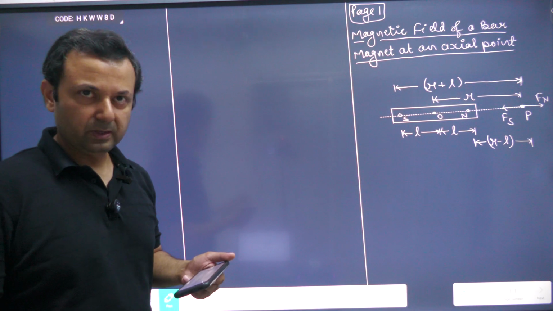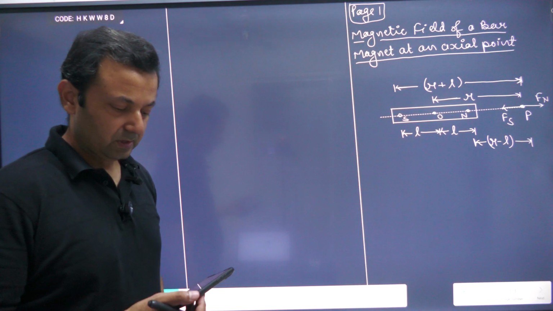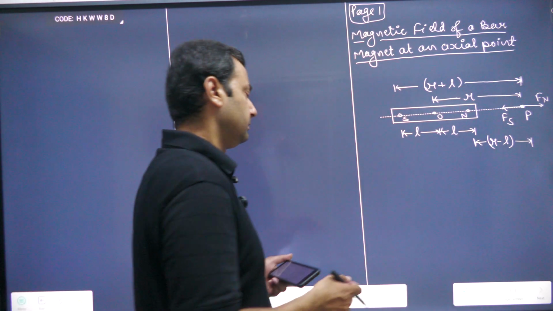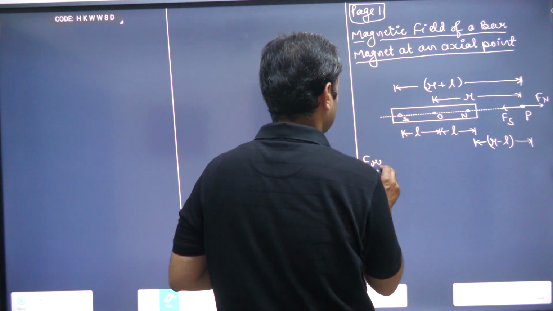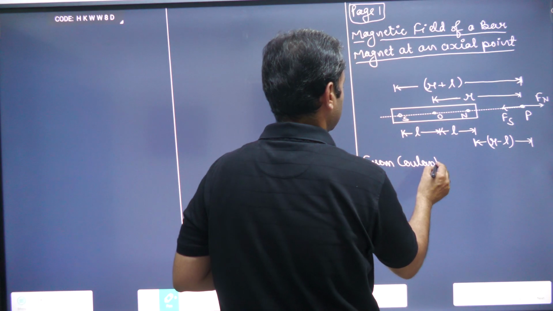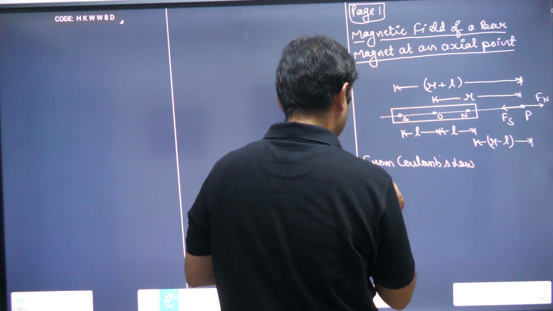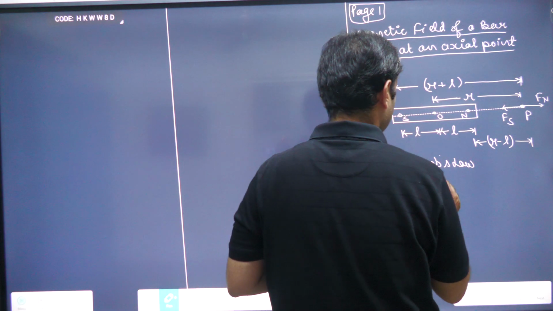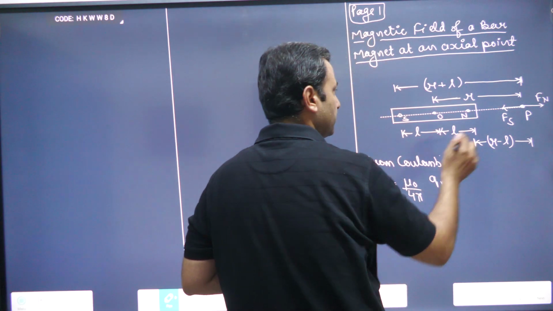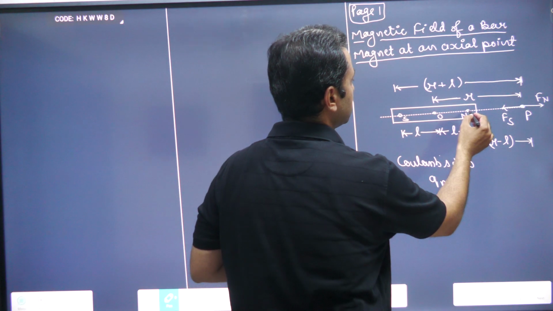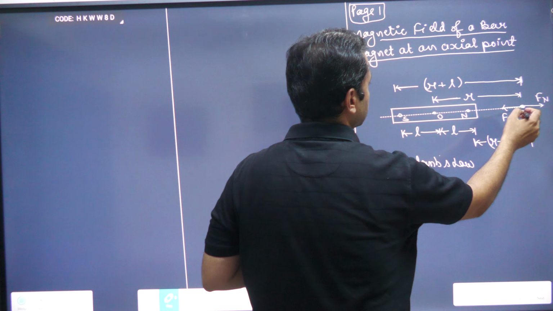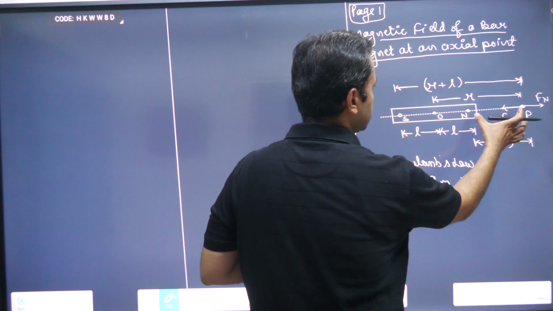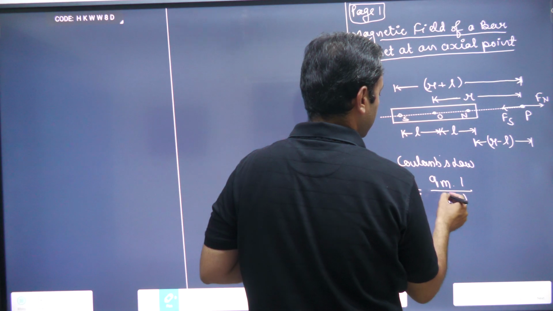Imagine a unit north pole placed at point P. Then from Coulomb's law, the force exerted by the north pole of strength Qm on the unit north pole will be Fn equal to mu naught upon 4 pi, Qm into 1, upon the distance between N and P, which is r minus l, whole square.